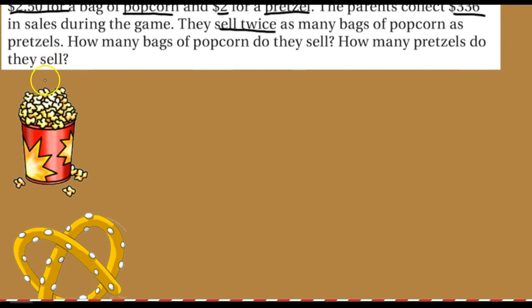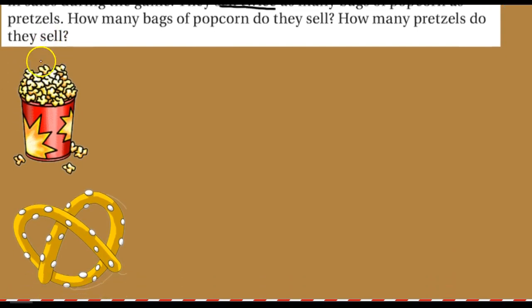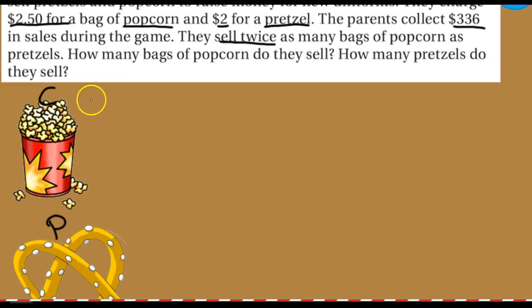Well, because they both start with P, I'm going to make this C for corn and P for pretzels. Now our first equation, we know they charge $2.50 for a bag of popcorn, so that's 2.5C. Now you add that to $2 for a pretzel.